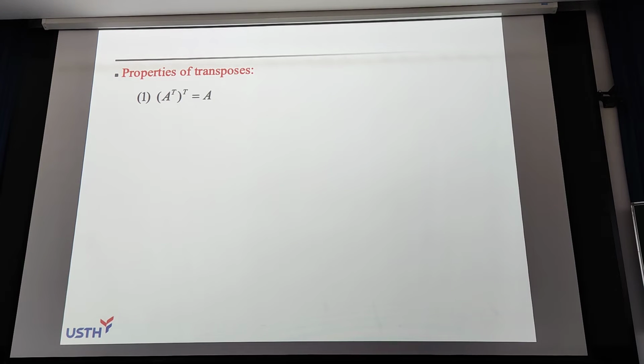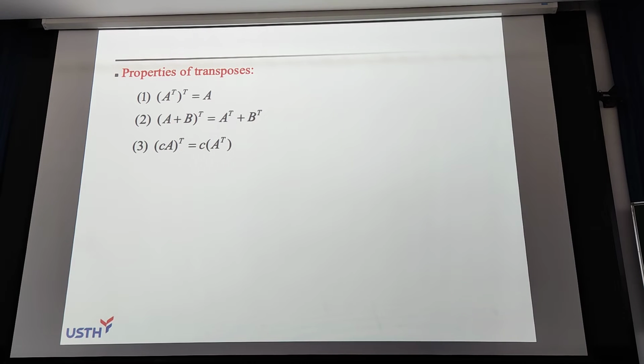Now the properties of transpose. The first one is also very easy to verify. If you take the transpose and then take the transpose once again, you go back to the original one. First rows into columns and then columns again into rows, so nothing changes. The next one, the transpose of a sum of A and B equals A transpose plus B transpose.